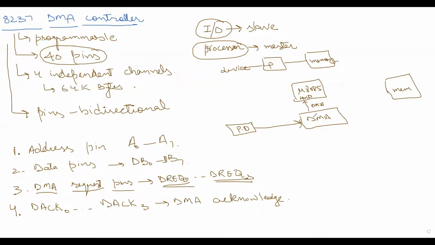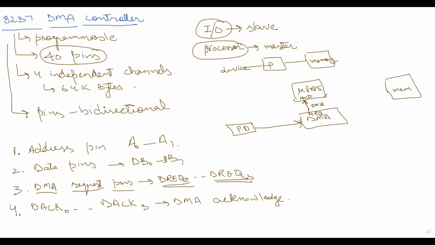So the DMA controller should also have a pin through which it will send this request. In the DMA controller we have one pin, that is HRQ. It sends a hold request through this pin HRQ, and this pin is connected to the hold pin of microprocessor 8085. So the 8085 will receive this request. After receiving the request, it will give access to the DMA controller, saying that now you can do the DMA transfer.